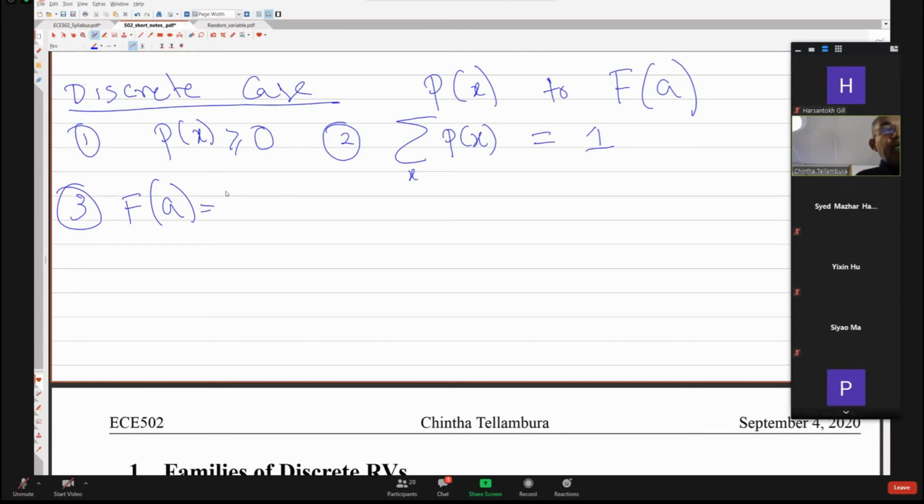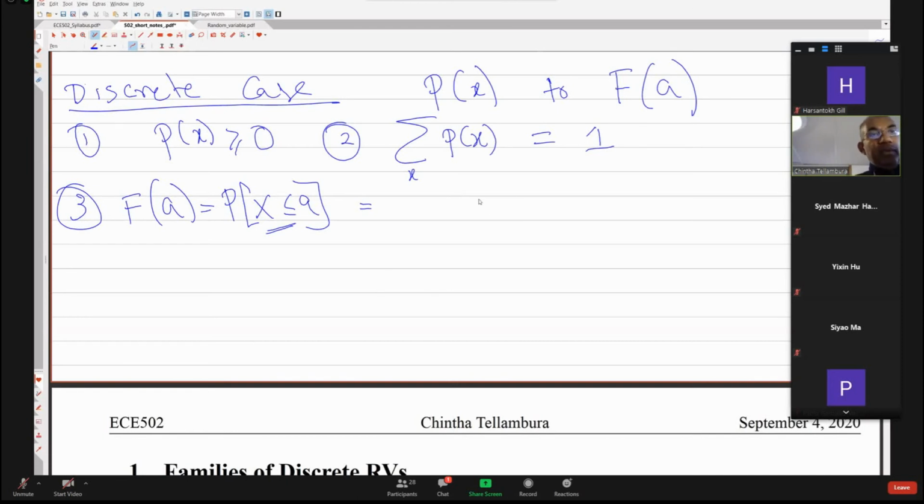Remember, this is the probability that my random variable is less than or equal to a. So how do I compute this? This means I have to add all outcomes that satisfy this condition, in other words, x less than or equal to a.